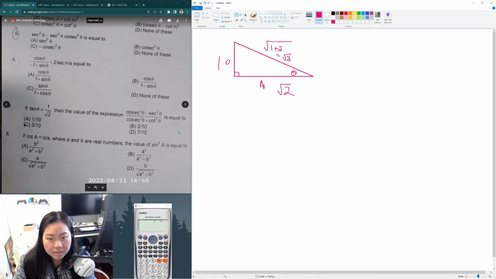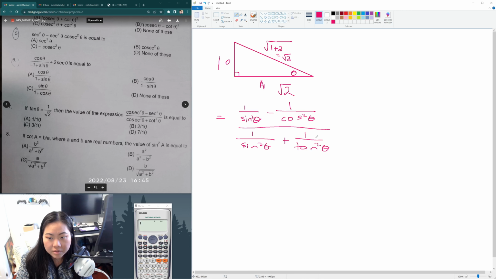Alright, so cosec squared theta is 1 on sine squared theta, minus sec squared, which is 1 over cos squared theta, all over 1 over sine squared theta plus 1 over tan squared theta.